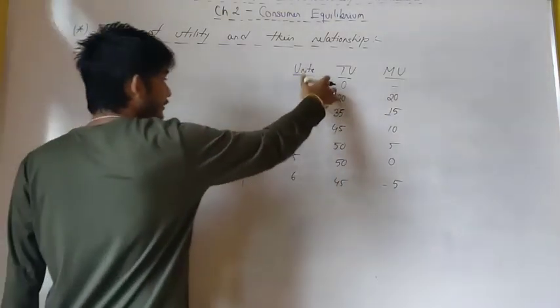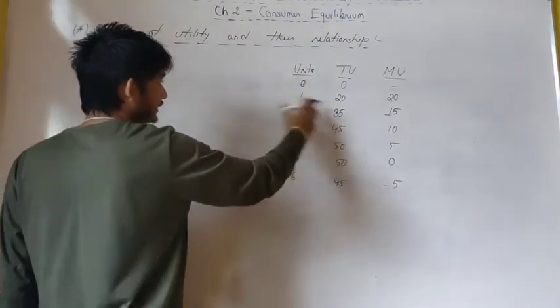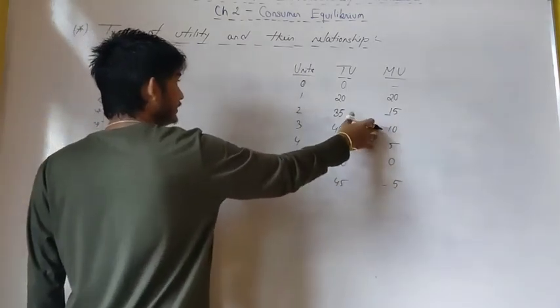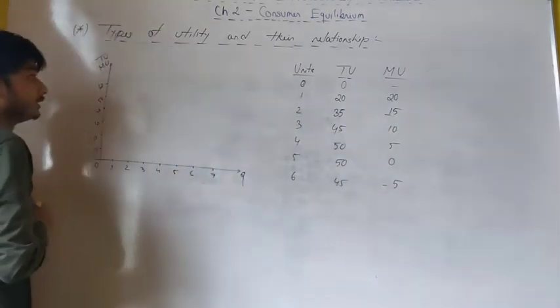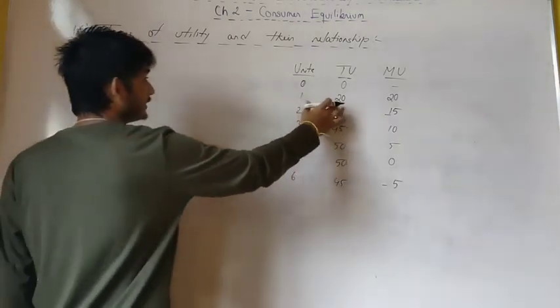First, I am filling up the total utility against units consumed. Then I will fill up marginal utility against units consumed.